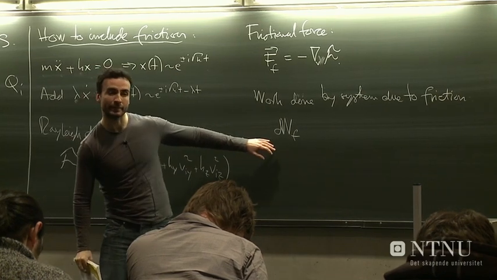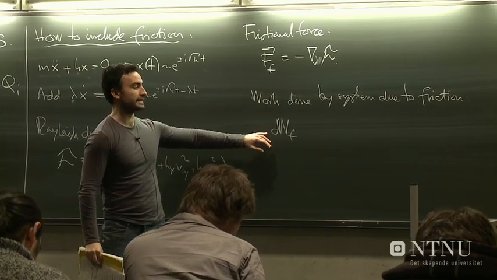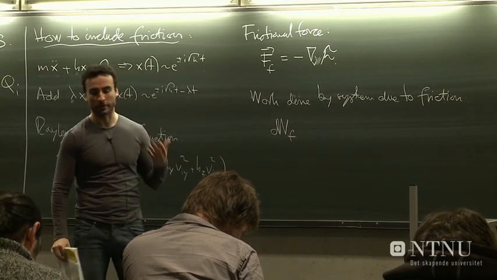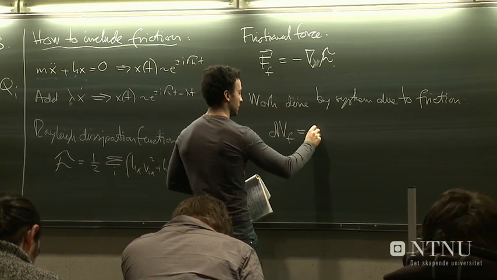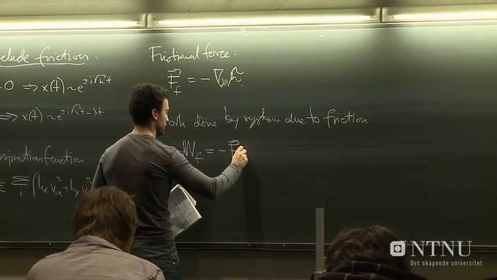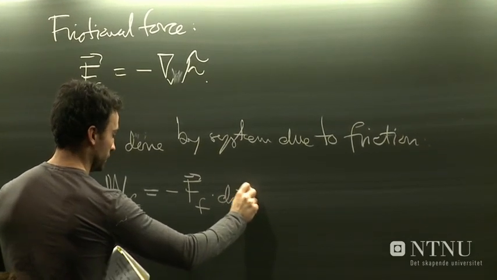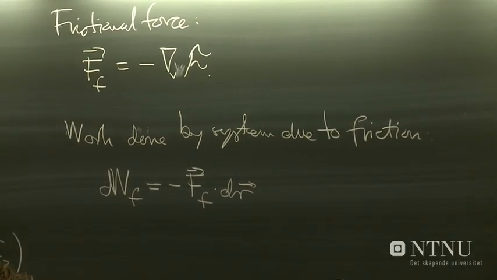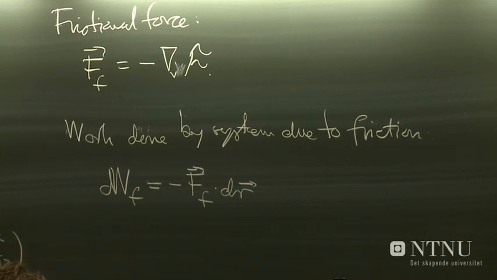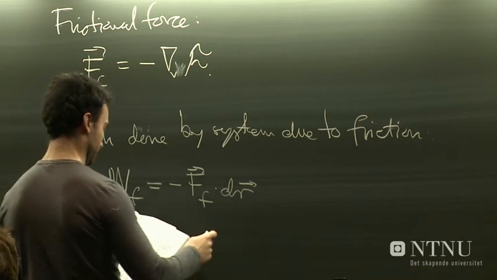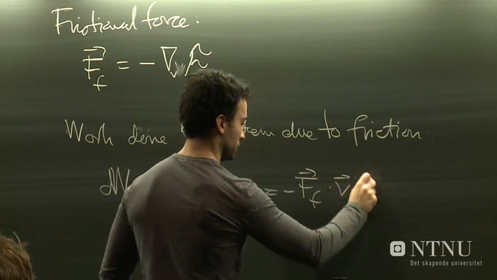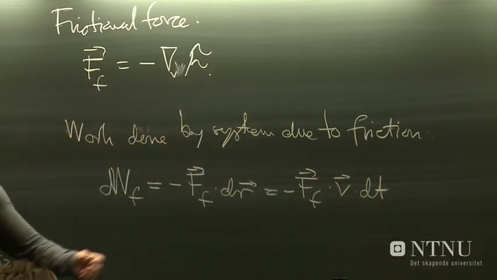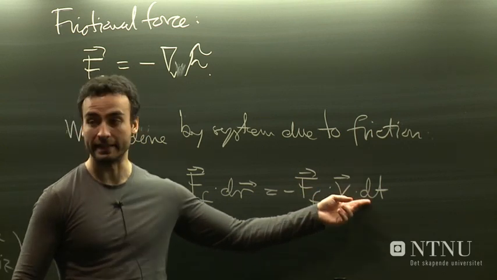So if we consider the infinitesimal work dWf as the work done by the system due to friction, this is a definition of work. Force dotted with the displacement vector. I can rewrite dr as the velocity multiplied with dt.